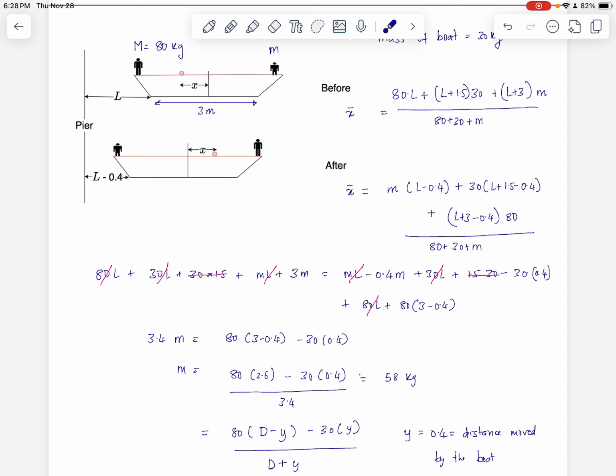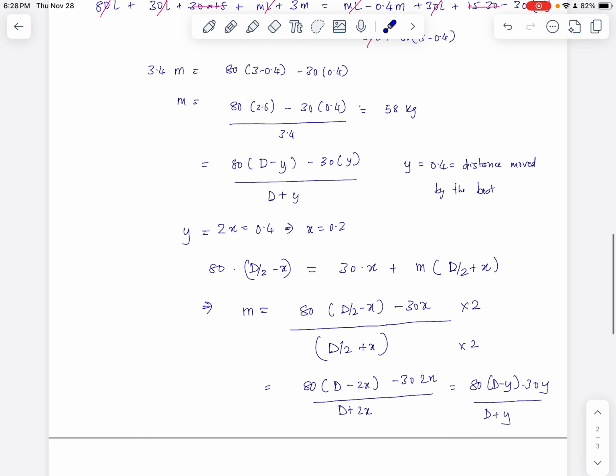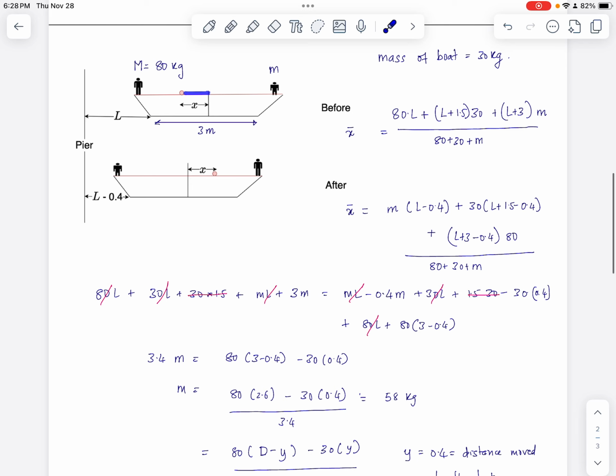So the contribution of the moment from the boat is 30 times x, which we have here on the right side, and the contribution of the girl here is D divided by 2 plus X, times the mass.